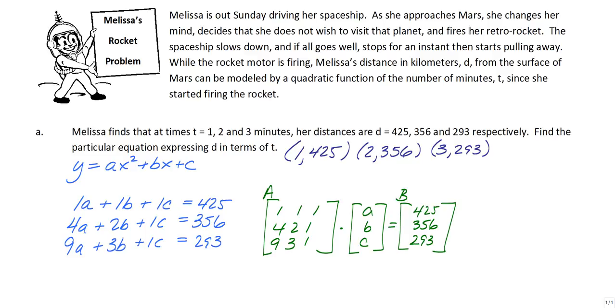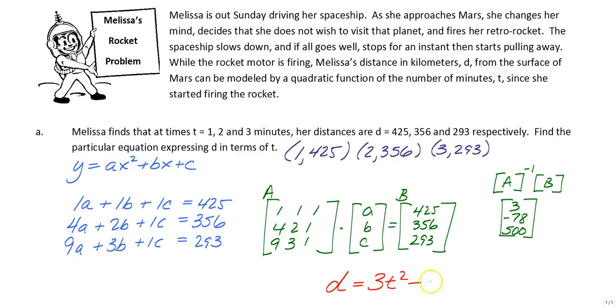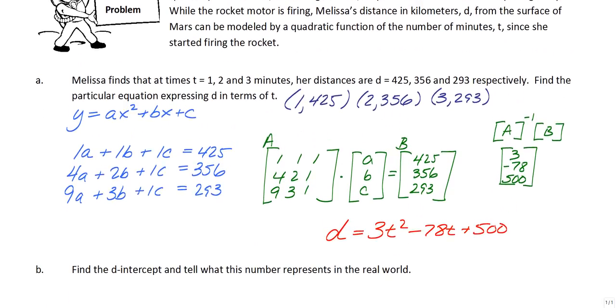The names really don't matter, as long as you're taking the inverse of the first one and multiplying it by our matrix B. In this case, we will end up with a solution matrix of 3, -78, and 500. So we can write a quadratic model for this problem as D is equal to 3t squared minus 78t plus 500. Okay? And that is what we need to work with.